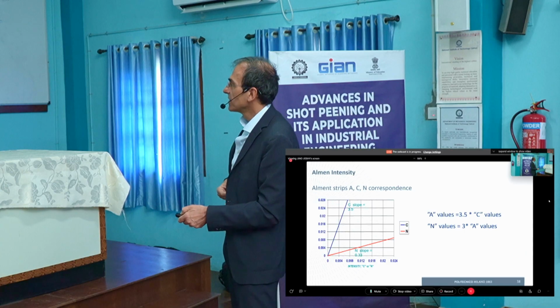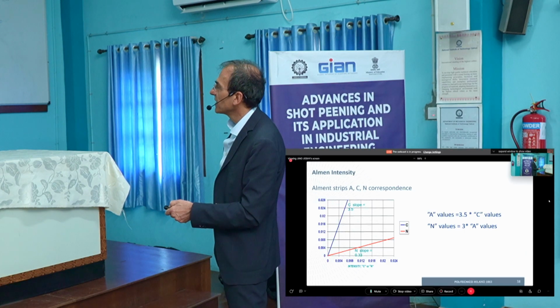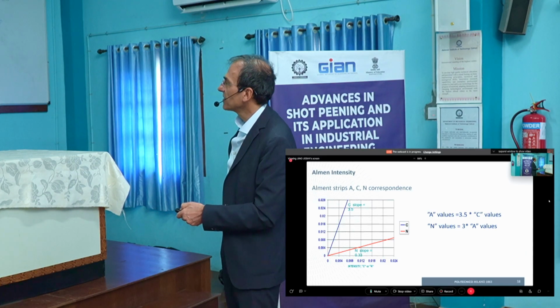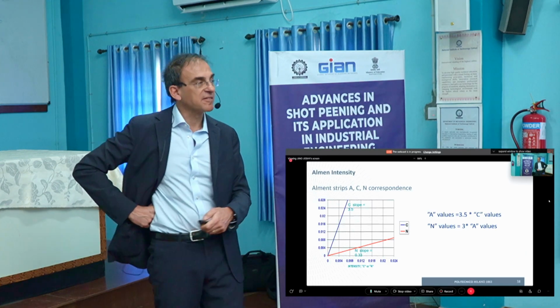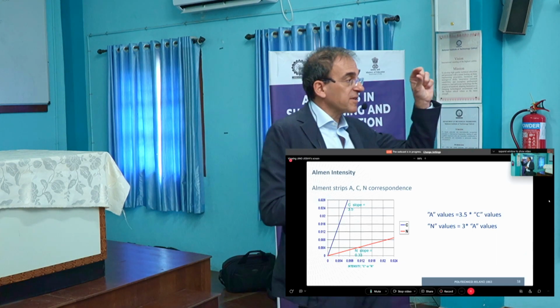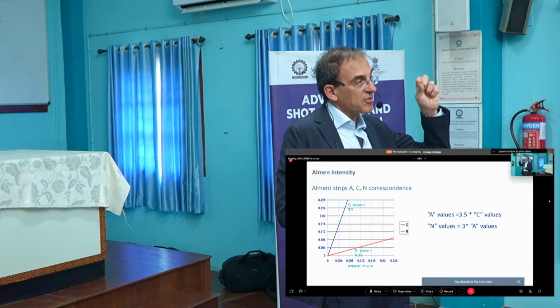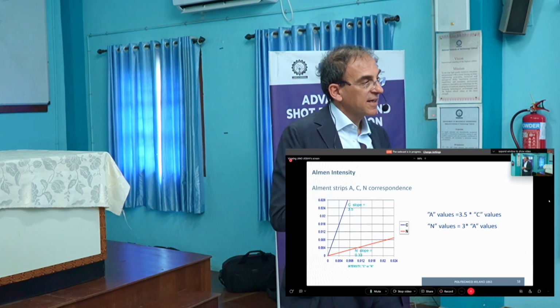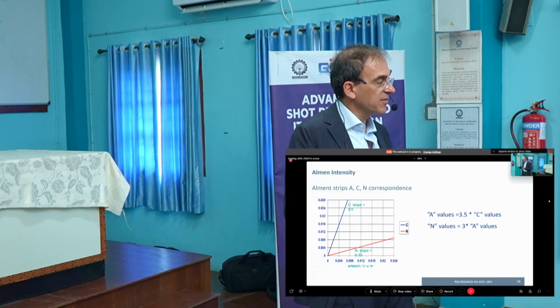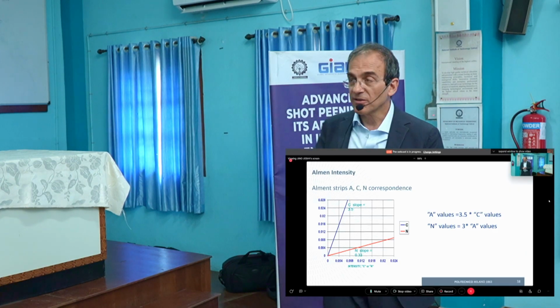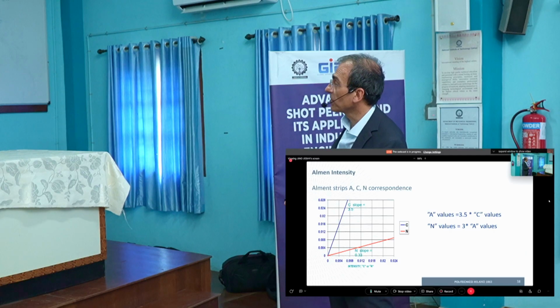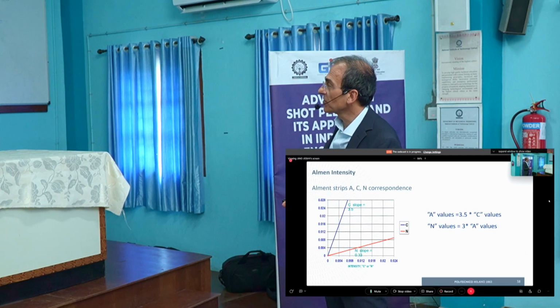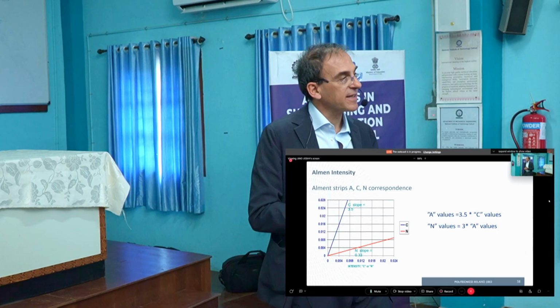And the relation between A and C is that A is about 3.5 times larger than C. And this is expectable. Indeed, C is thicker, so with the same conditions the residual arc height will be lower than A, and the coefficient is around 3.5. While if we consider N, this is around 3 times larger than A.